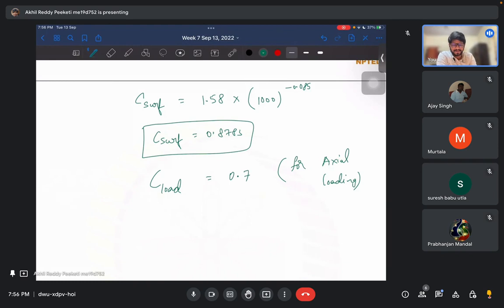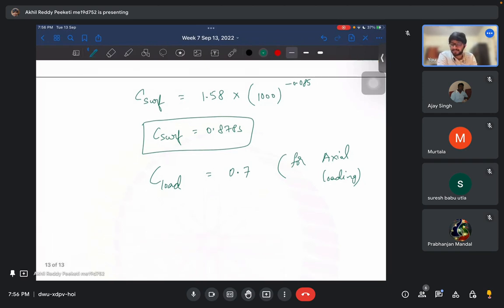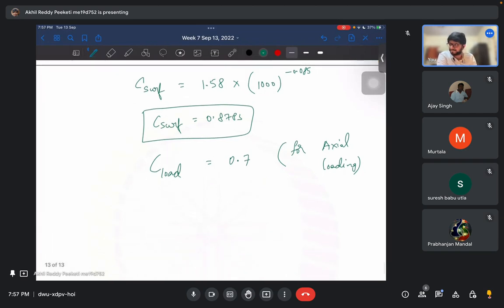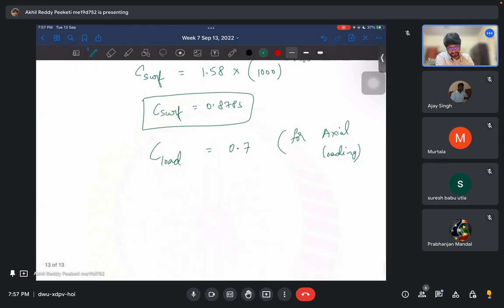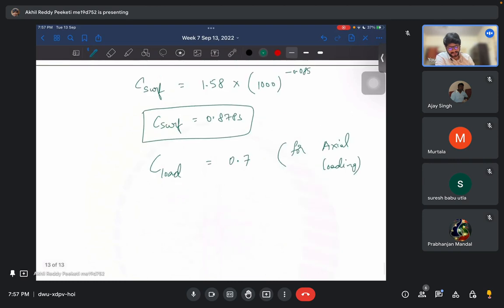And for bending kind of loading, it is 1. And if you have a torsional kind of loading, you need to estimate the maximum stress or the von Mises stress for that torsional stress, and then use it correspondingly. Just check the slides or the text. In this case, because it's axial loading, the loading factor is directly taken as 0.7.